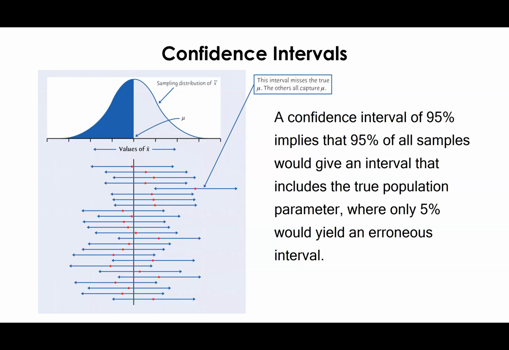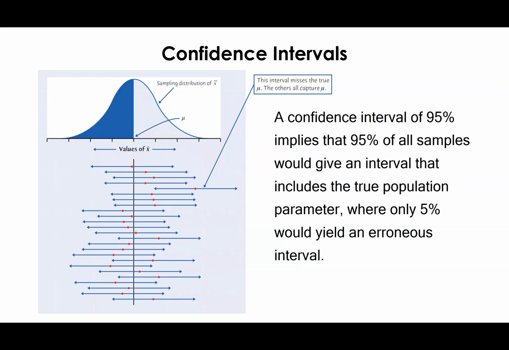So what we're doing is we're really hoping that our sample was one of those good samples that has the true mean in it. There's no way of really knowing. We absolutely could have one of those bad samples that doesn't have the real mean in the interval calculated. That would be a bummer.